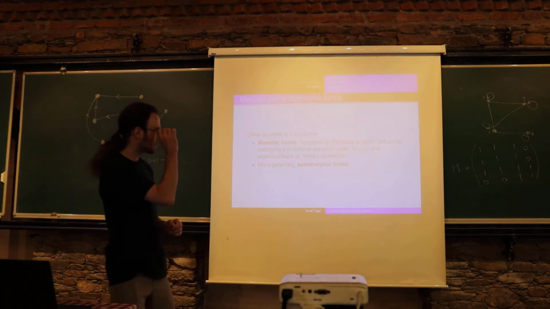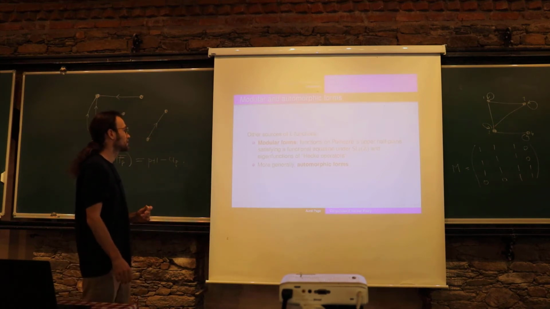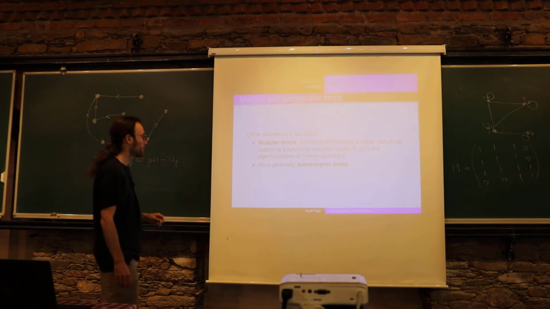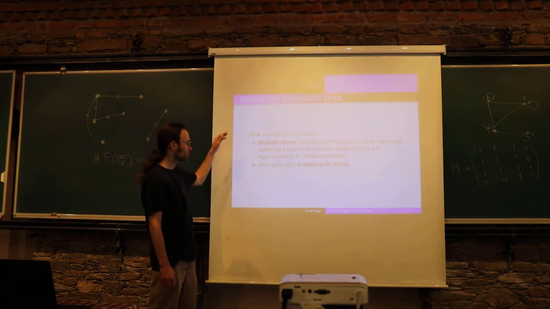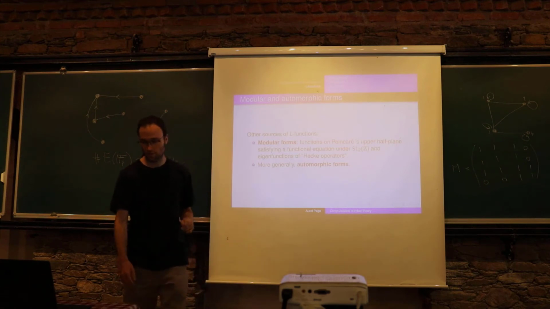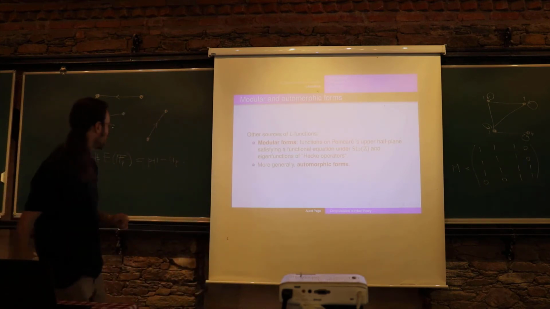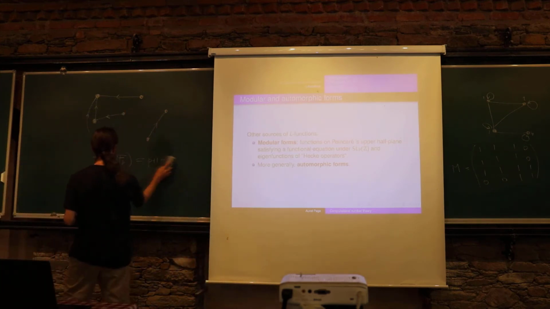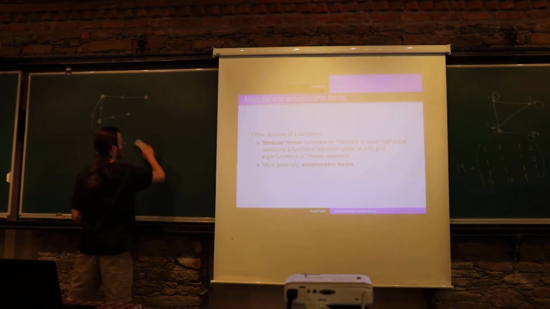Okay, so let's see a few more sources of L functions in a little bit less detail. One other source of L functions is so-called modular forms. So let me just give you tiny bits of details on what these are.